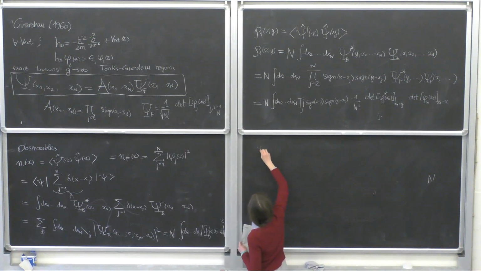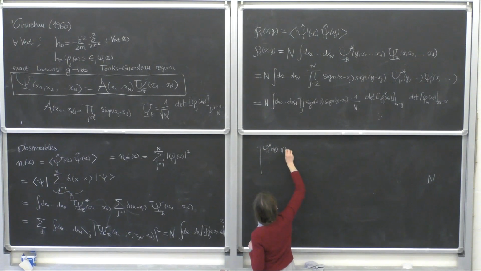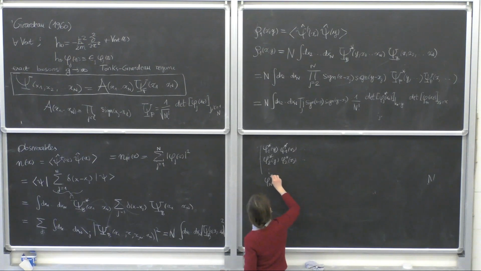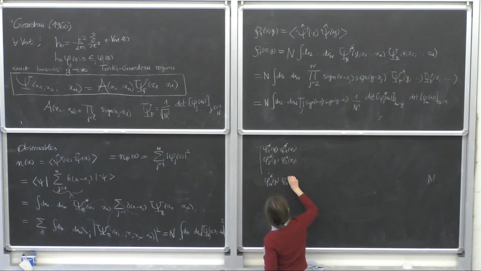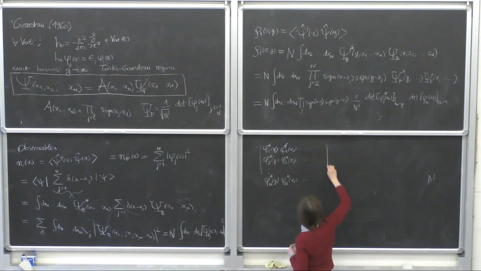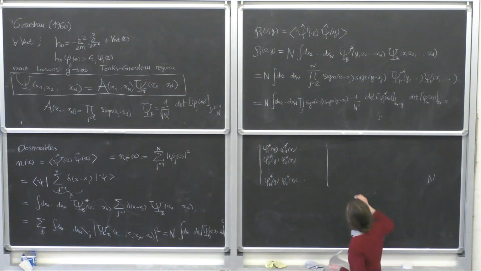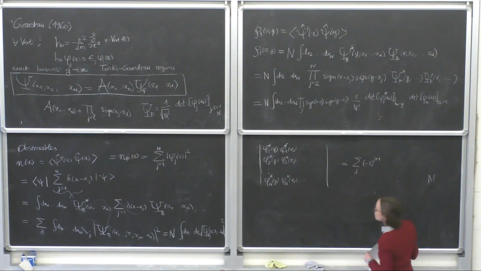So in other words, for example, the first determinant is phi 1 star of y, phi 1 star of x2, etc., then phi 2 star of y, phi 2 star of x2, etc. The last one is phi n star of y, phi n star of x2, etc. And if I want to calculate this determinant, I expand along this column, and I get the sum over j of minus 1 to the power j plus 1, and then phi star j of y.